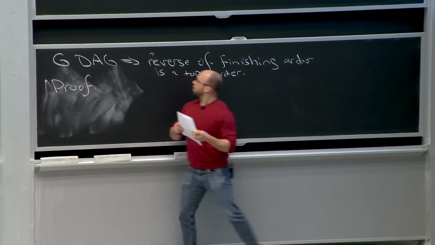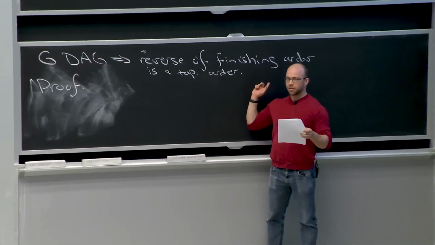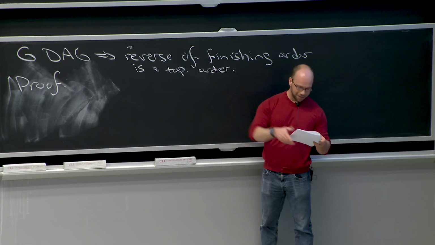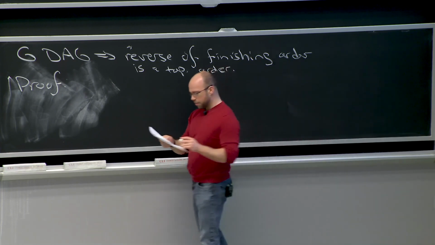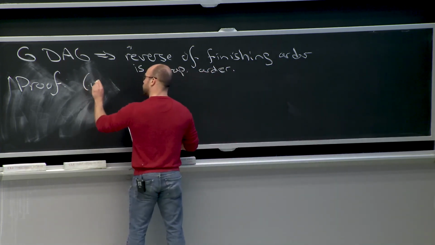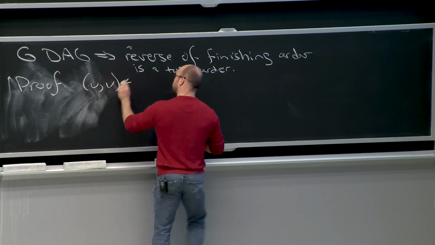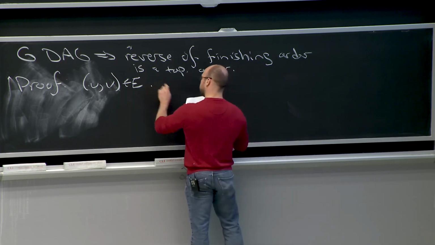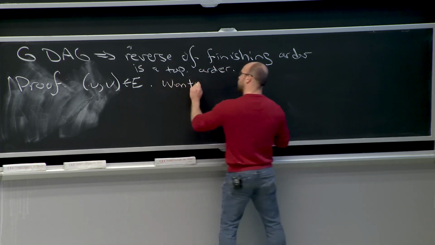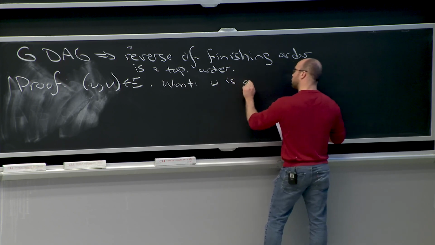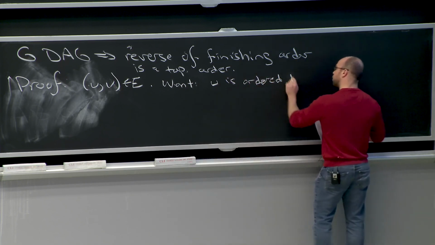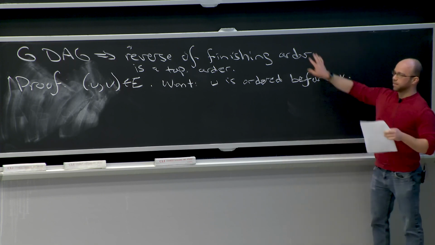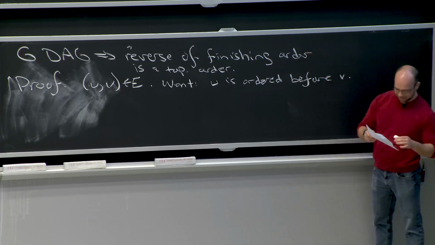So what are we going to do? Well, what we need to check to show it is a topological order is that any edge in my graph obeys the relationship that I have on the screen here. In particular, we're going to take the edge (U, V) inside of my set of edges, and then what I need is that U is ordered before V, using the reverse of the finishing order that we've defined here.